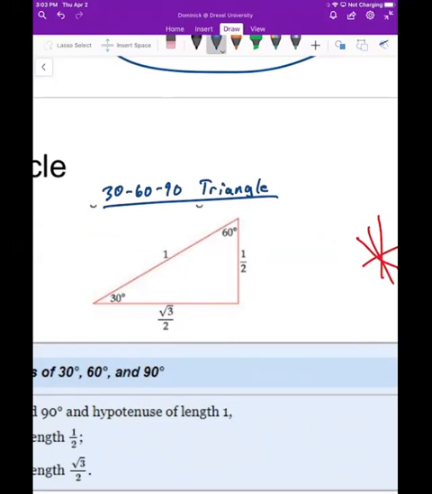At some point in a geometry class, you probably learned that the relationship between these three sides looks something like this. If your hypotenuse, or the longest side of the triangle, is 1, then the side across the 30-degree angle is 1/2, and the side across the 60-degree angle is square root of 3/2. This will be very important moving forward when we look at the unit circle.